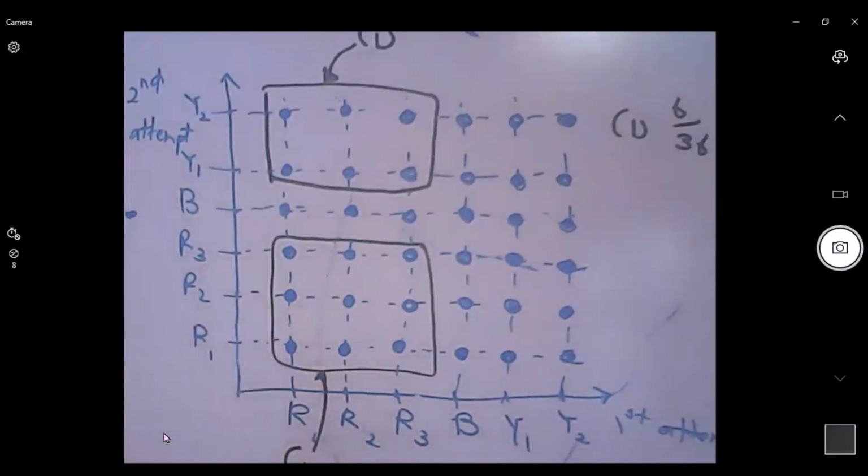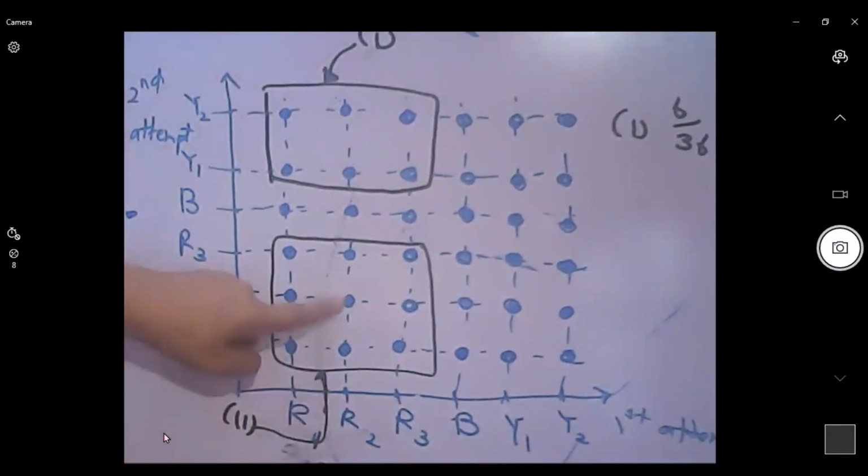Encircle it as the second one. Both beads are red. When we take this point, first one red, second one also red. Both are red.